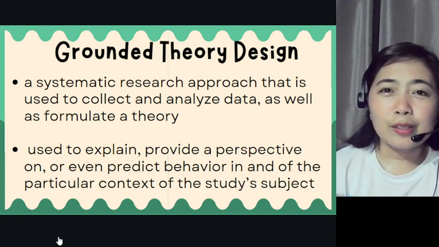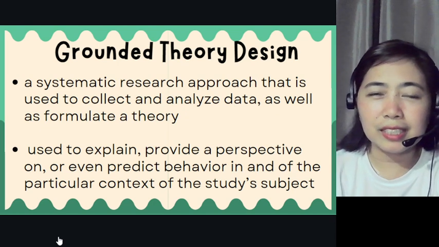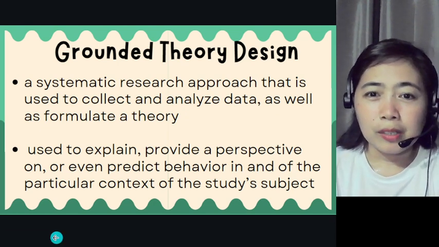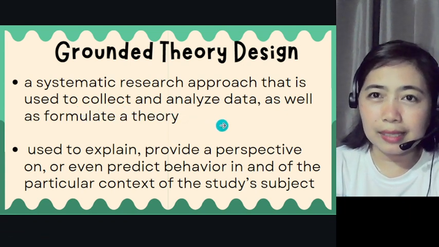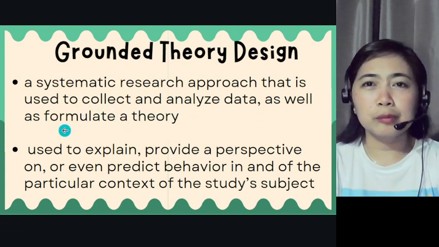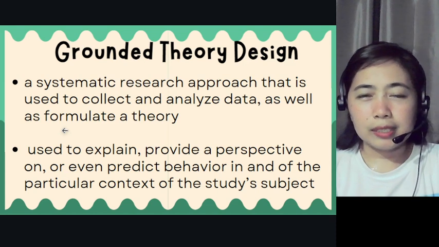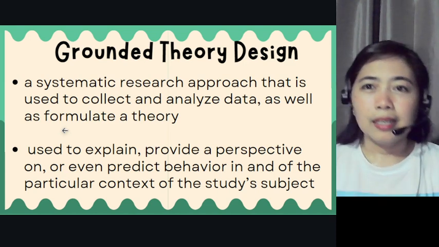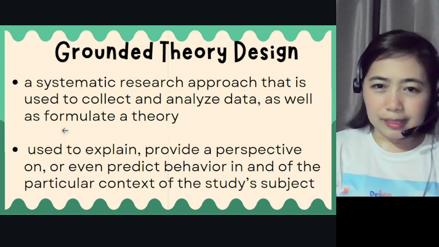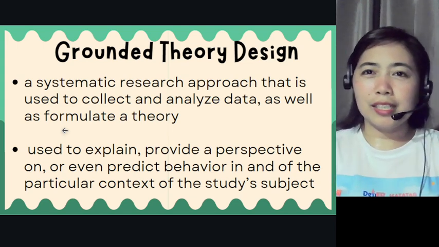Another research design that we have here is the grounded theory design. This is a systematic research approach that is used to collect and analyze data as well as formulate a theory. So you are the one who will formulate a theory. You collect and analyze the data, then you formulate a theory.